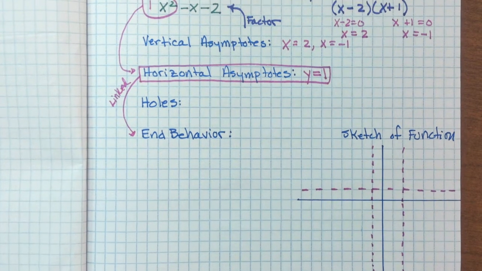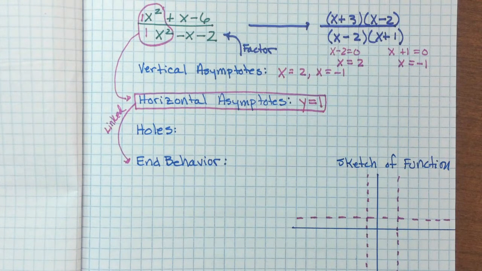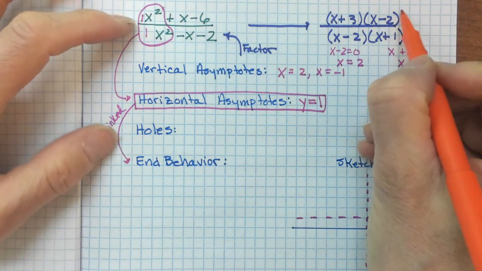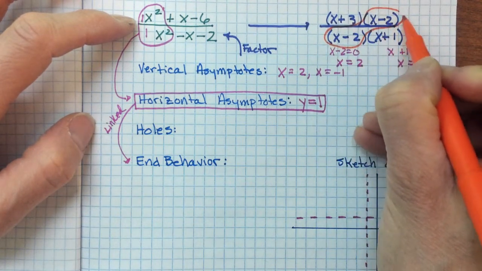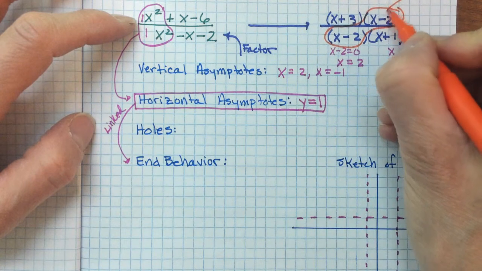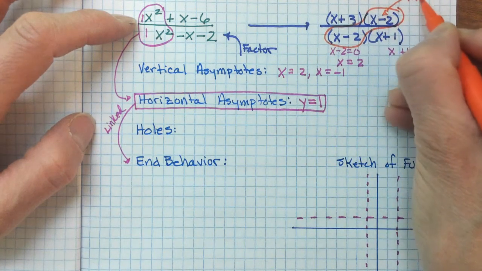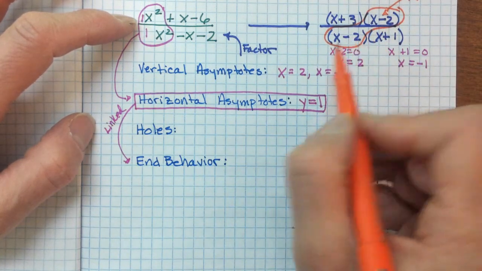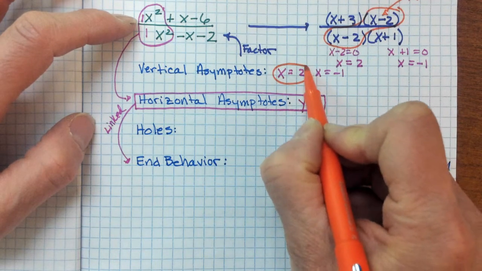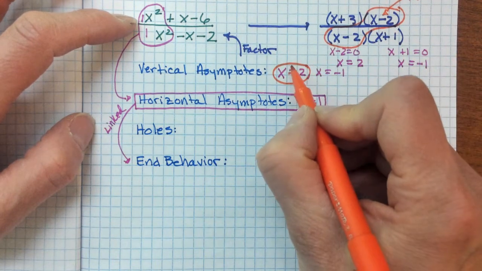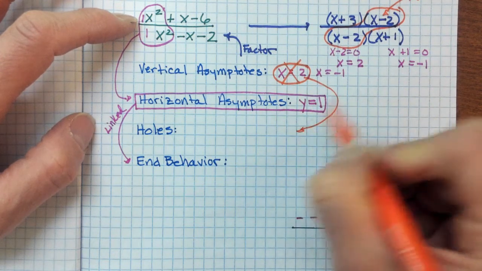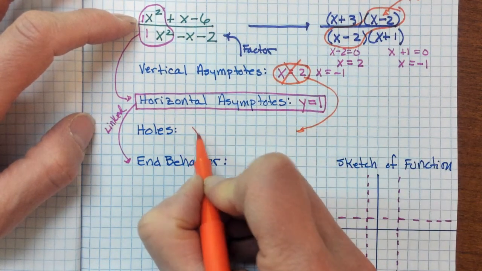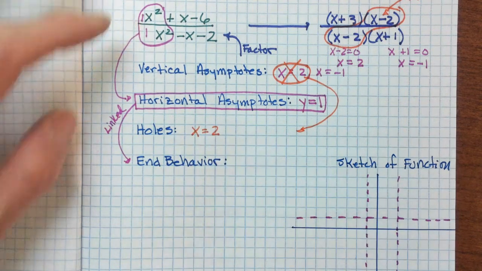Now I also need to check to see if I have a hole. The way I will tell if I have a hole is if I can divide something from the numerator by something from the denominator. I can see right here that there is in fact a hole, which means I made a mistake. This here is not a vertical asymptote. This here is actually a hole. I probably graphed too soon.